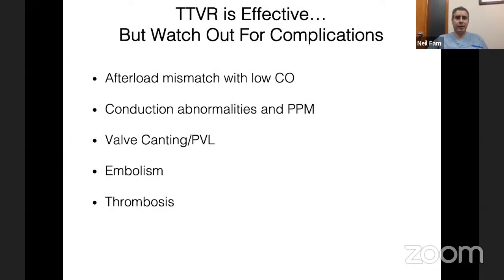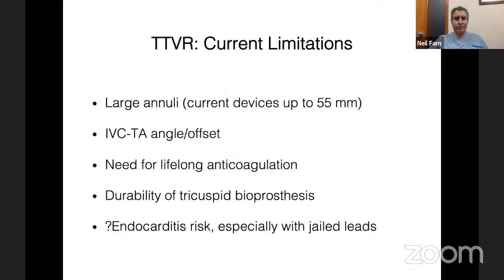So tricuspid replacement is effective, but you must watch out for complications such as afterload mismatch, low cardiac output, heart block, as we mentioned, valve canting and PVL, embolism, and thrombosis. The current limitation of the replacement devices: many of these patients that we encounter have very large dilated annuli, up to 70 millimeters, and the current devices can treat only up to 55.